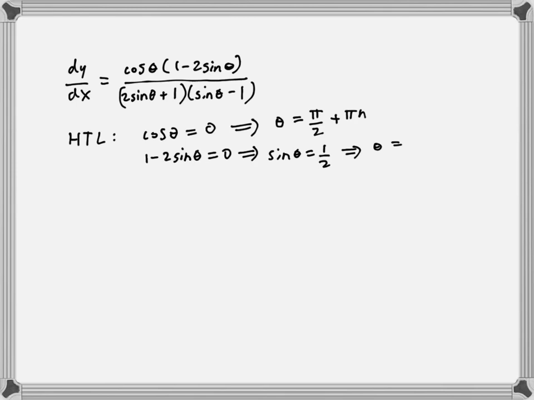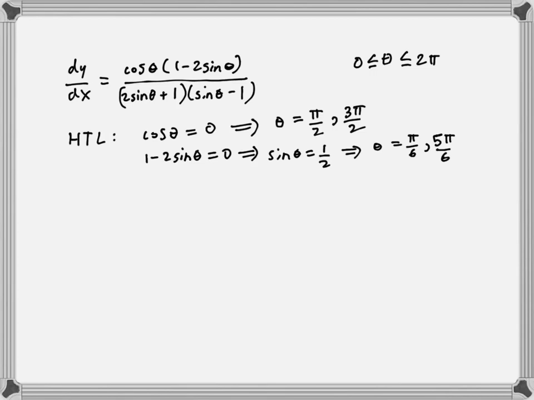That would be pi over 6 and 5 pi over 6. Maybe I should just realize that theta lives from 0 to 2 pi in this picture, because that gives you the whole cardioid. So let me split these up. Instead of putting plus pi n here, the only two options are going to be pi over 2 and 3 pi over 2. So all of these seem to give us 0 for the numerator.